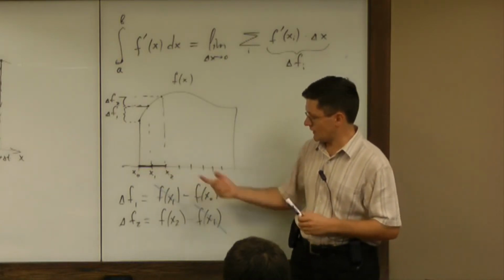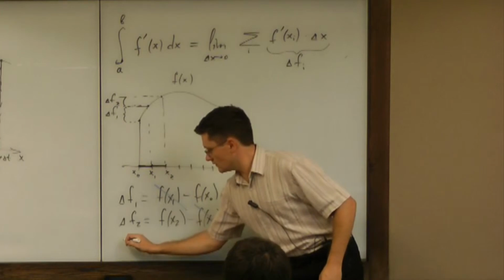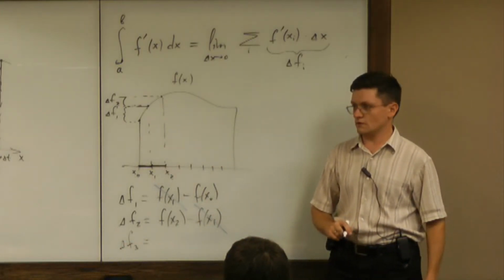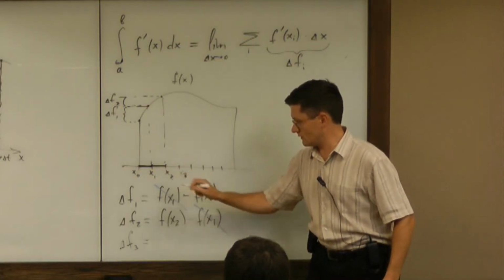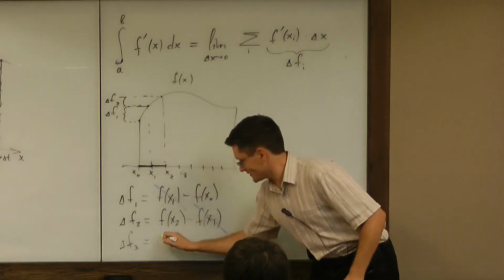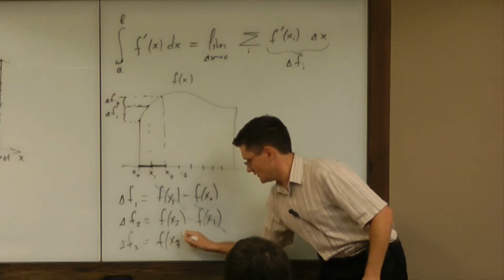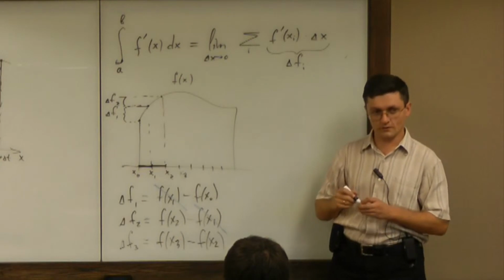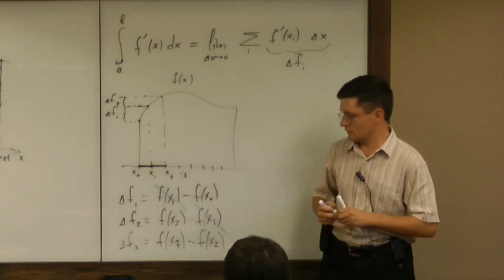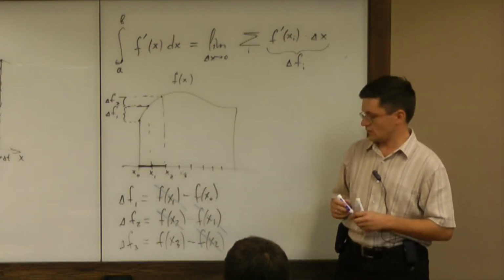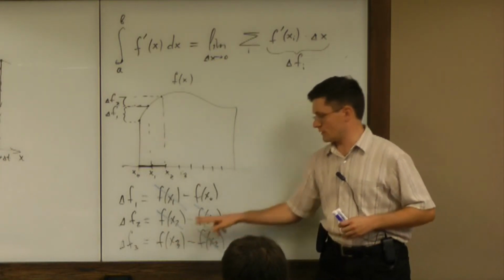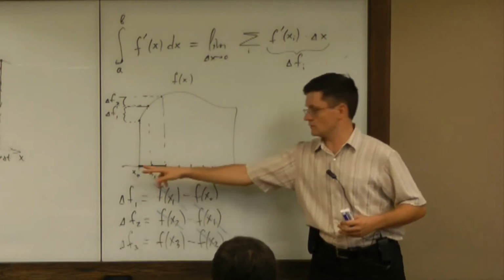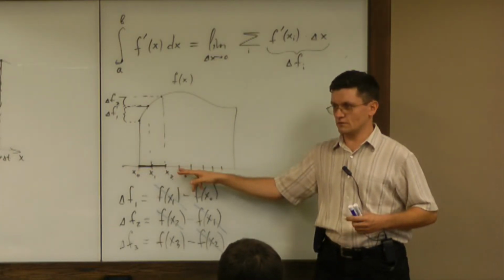Now what happens when I add delta f3? I'll have to look at the next. So it's f of x3 minus f of x2. And when I add those together, f of x2 will cancel. And the meaning of the result will be f of x3 minus f of x0, the total change over the whole union.